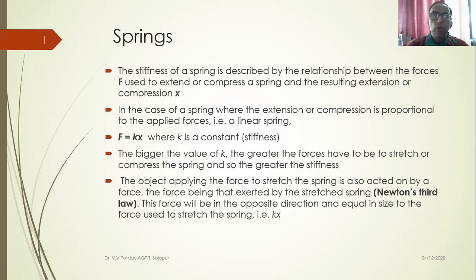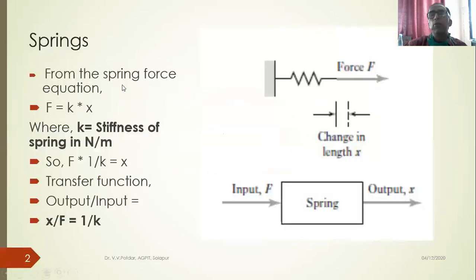This force will be in the opposite direction and equal in size to the force used to stretch the spring by X. That is the reactive force offered by the spring. From the spring force equation, we have F is equal to Kx. Diagrammatically, it is represented like this, and you have the change in length X, either extension or compression.